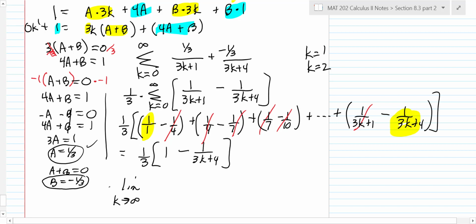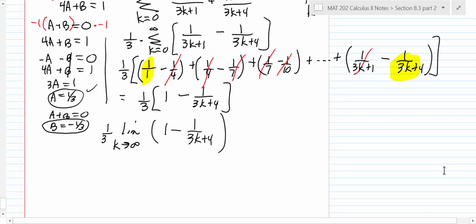Now see, that 1/3 is a constant, so it can come out of the limit. Then you would have 1 minus 1 over 3k plus 4. Can you tell me what the answer to that whole problem is? 1/3, exactly. Because what's going to happen is, and you don't have to write all this out, you can do this in your head, but you're really doing the limit of 1, and then you're doing the limit of 1 over 3k plus 4.